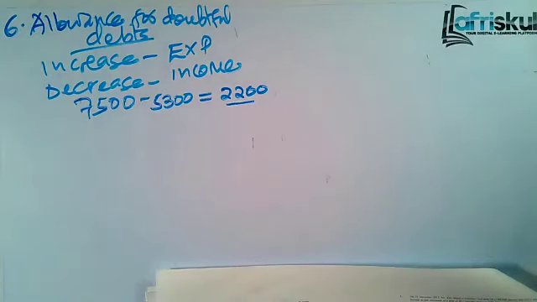So this is what you will take to the income statement. Then again, when we talk of doubtful debts, these are amounts that you are in doubt that the customer is going to pay.